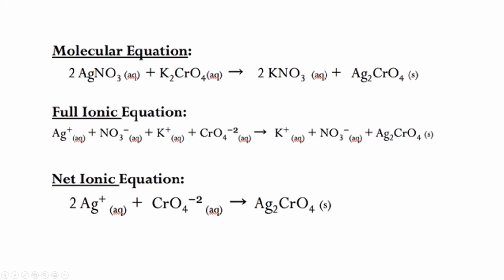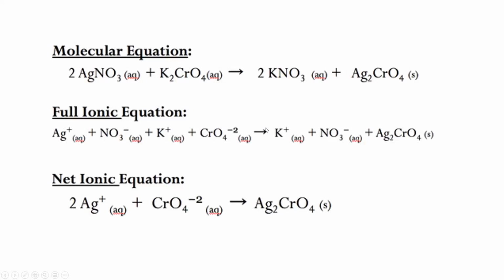Then you can break into ions silver nitrate, potassium chromate, and potassium nitrate. In this case, you can see that silver is here in the form of an ion, but here it is in the form of a solid.